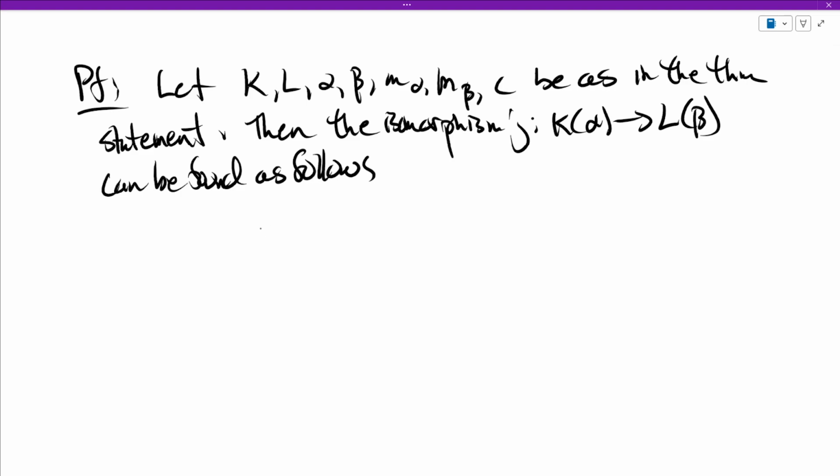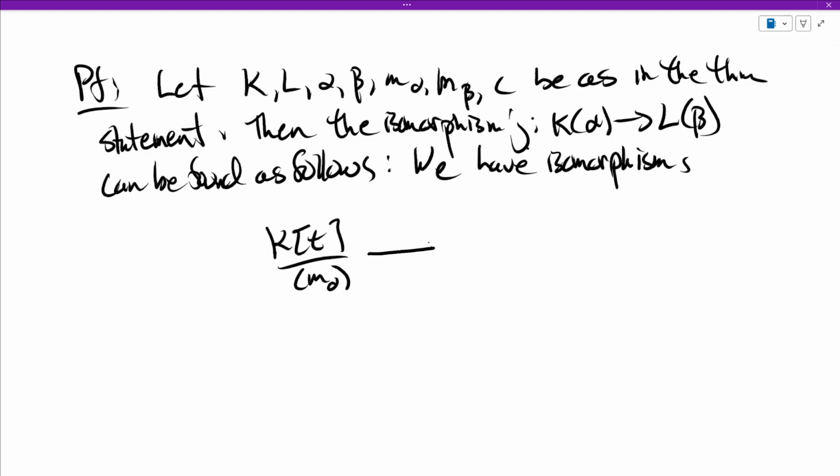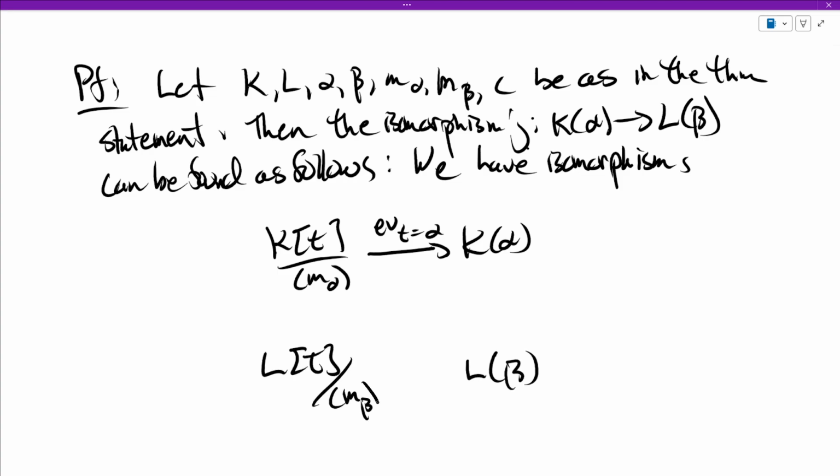All right. So first of all, we have the isomorphisms. K adjoin T mod M alpha with K adjoin alpha given by evaluate T at alpha. And L adjoin T mod M beta given by evaluate T at beta.